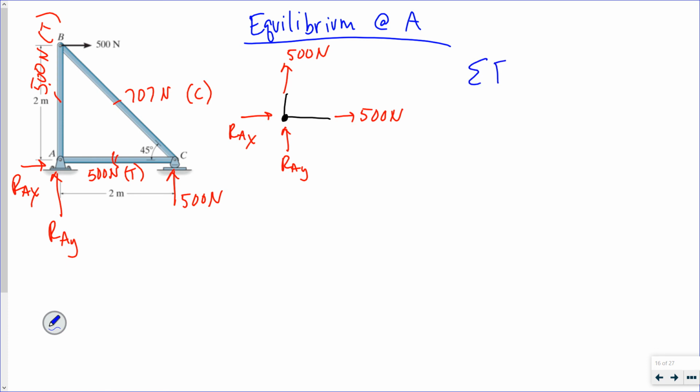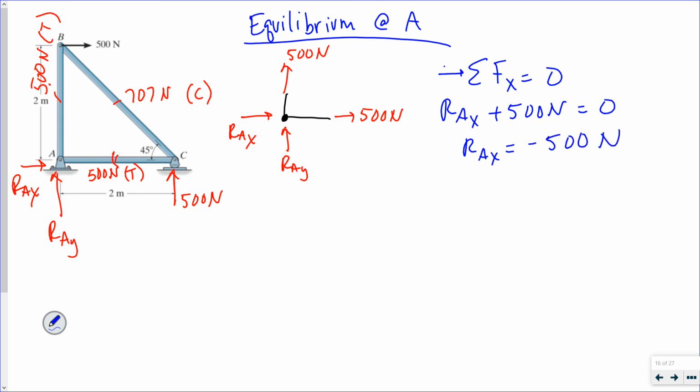I'm going to solve for the sum of the forces in the x direction. I have RAX plus 500 newtons equals 0. So RAX, my horizontal reaction at A, is equal to negative 500 newtons. That means it's to the left. And if I sum the forces in the y direction, assuming up is positive, I have my vertical reaction at A and my force in member AB.